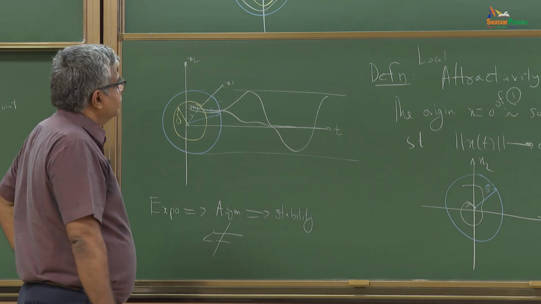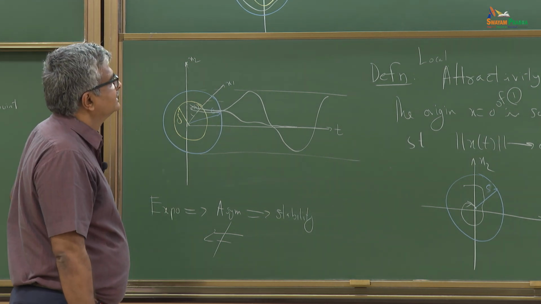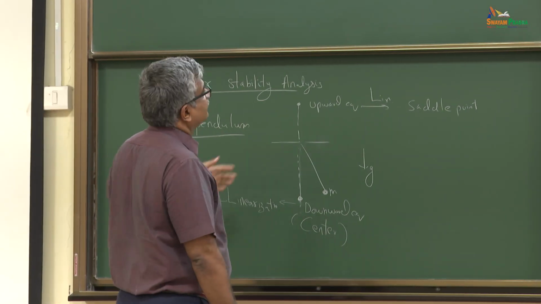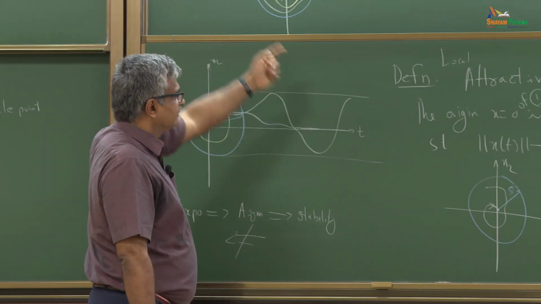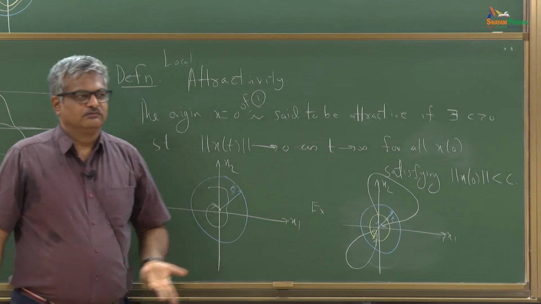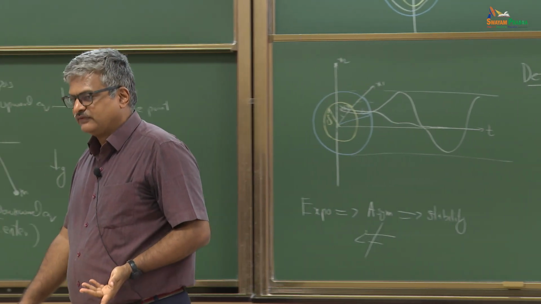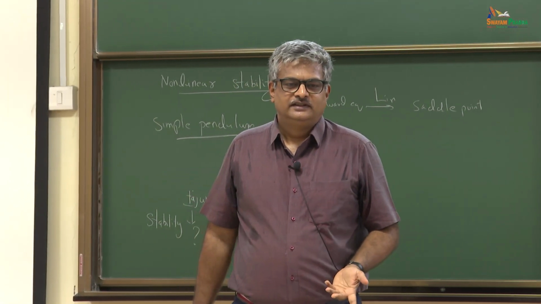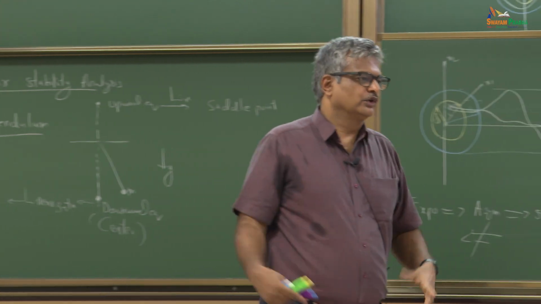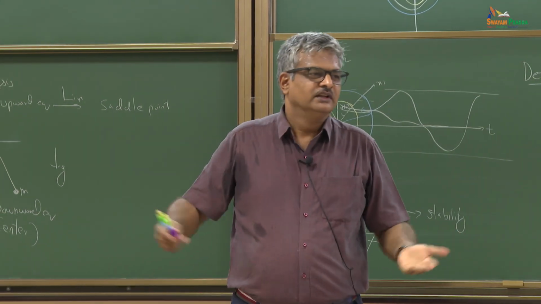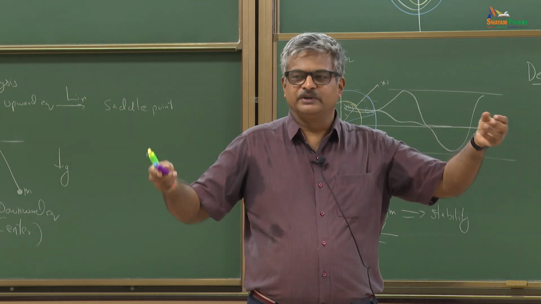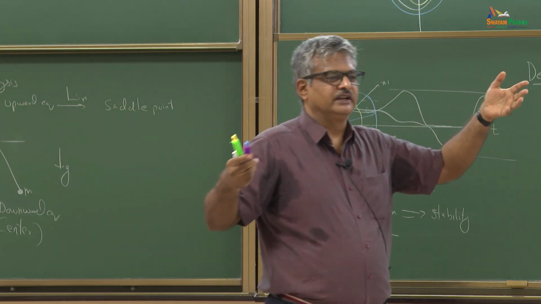Now the hard part is how do you check this, right? Because we said that we cannot solve this differential equation, and I am using a solution here. So this definition is of no use for checking. It's just a definition, just like you have a definition for controllability. Controllability talks about state transfer: does there exist a control which takes you from some initial state to a target state in finite time?